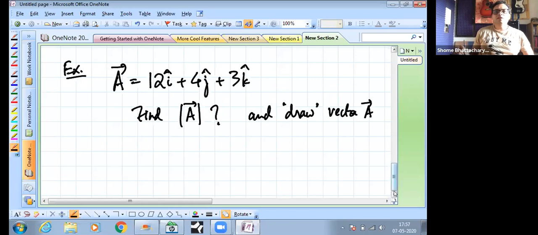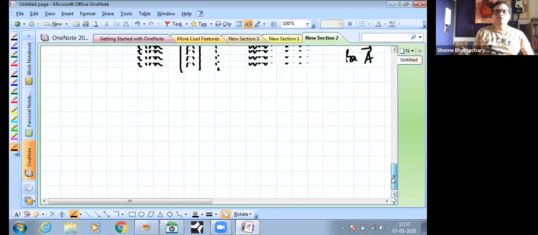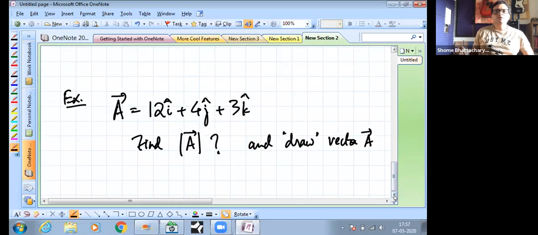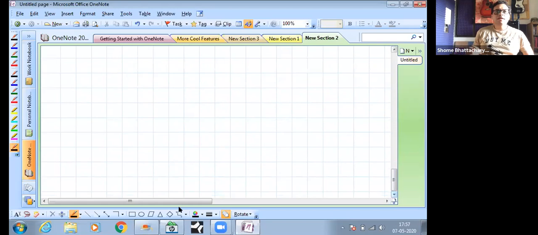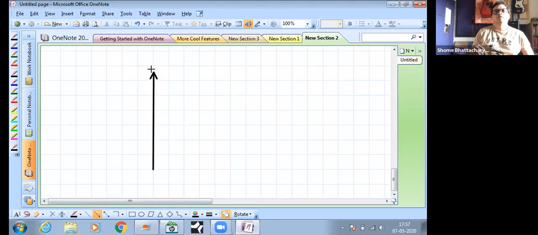It's very difficult because we are drawing in a two-dimensional plane, whereas the vector itself is three-dimensional. So let's try to visualize. Let's come back to our coordinate frame system.